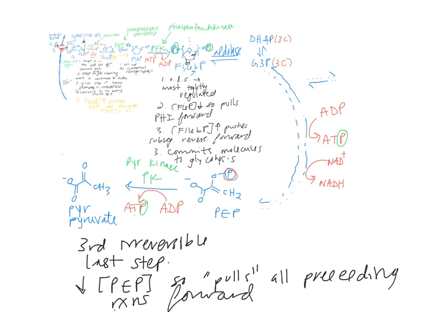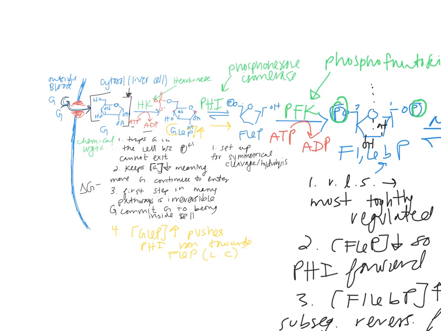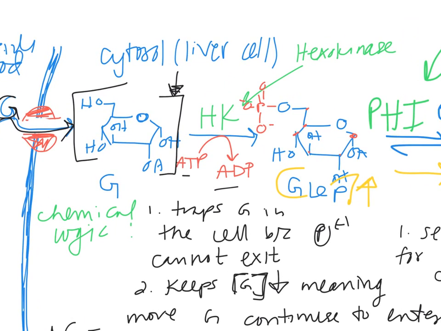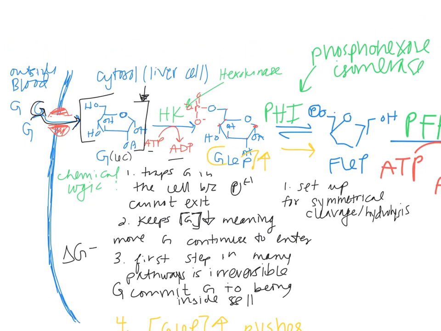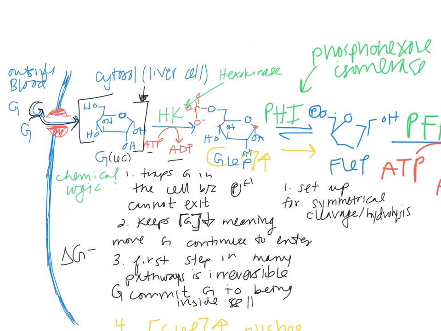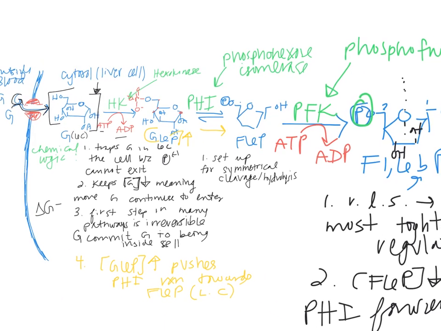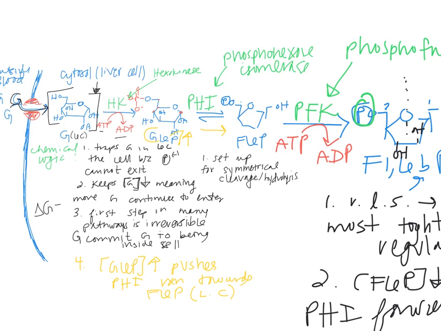Okay, so before we move on, let's take inventory of what we have. So we've got glucose, which has 6 carbons. It gets phosphorylated by an ATP to make glucose 6-phosphate, which also has 6 carbons. And then there's an isomerization to F6P, which also has 6 carbons.